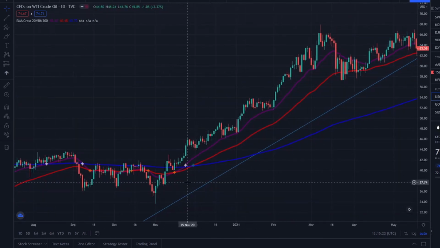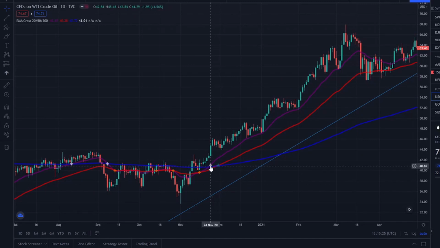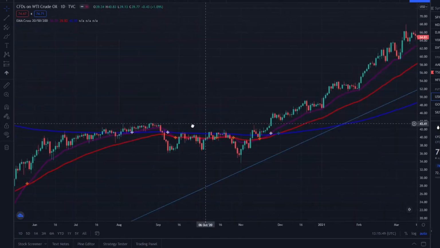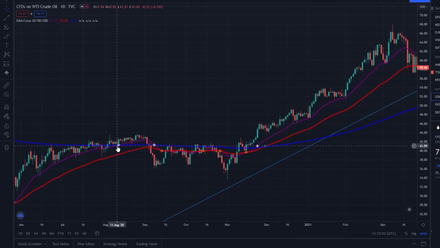EMAs, and you can see that we had here a couple of crosses. The first one was the purple line, the 20-day EMA, crossing the blue line, the 200-day EMA, which indicates that we might see here a change of direction, which means if we had here this bearish direction and the purple and red line crossed the blue line to the downside, and for example here we had the first cross, so this could have been the first indicator of a change of direction to the upside.